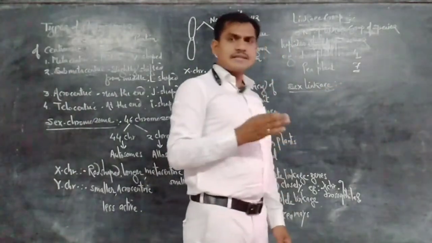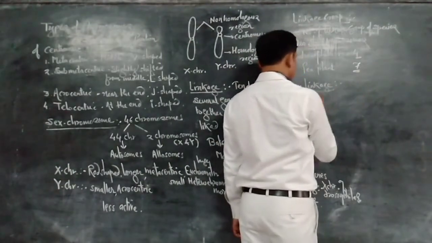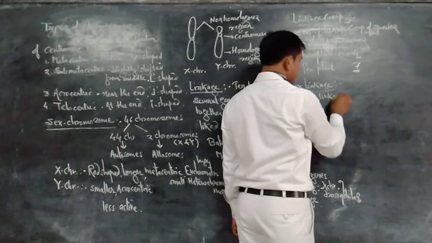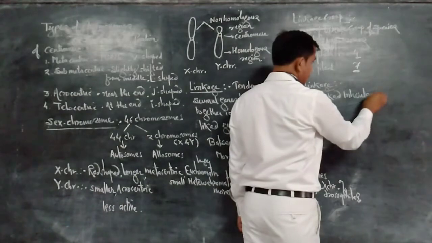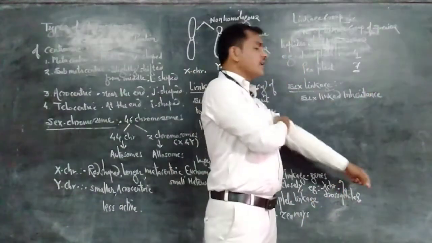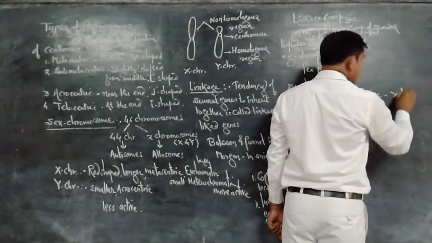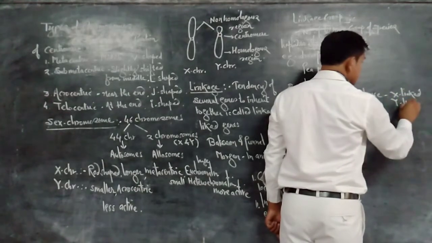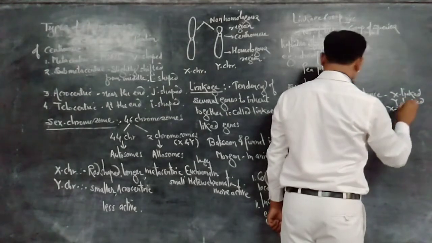The inheritance is called sex linked inheritance. Sex linked inheritance is of 3 types: X linked inheritance, Y linked inheritance, and XY linked inheritance.